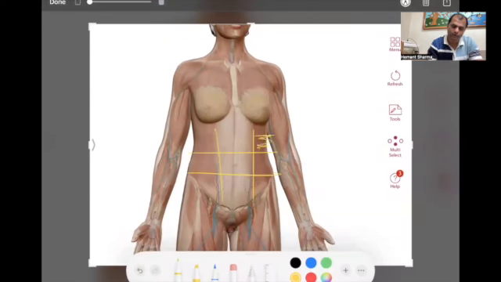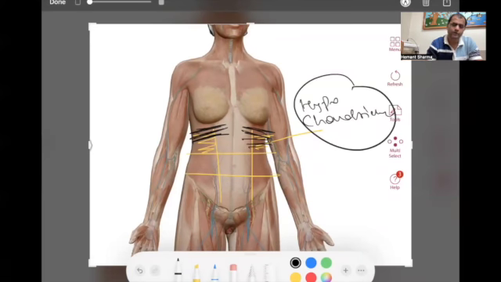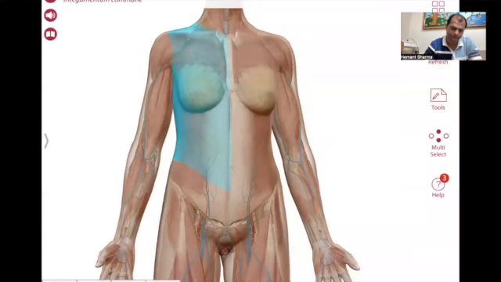So this is hypochondria. Right? This part is just below the ribs. That's why this is called hypochondrium, because in the ribs we have a cartilaginous part.